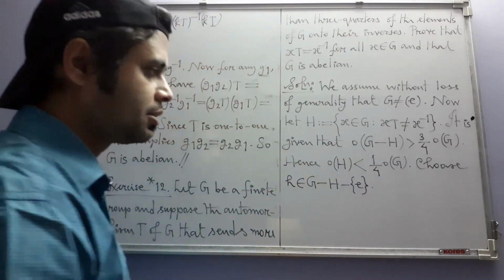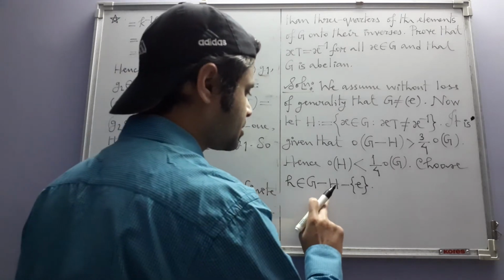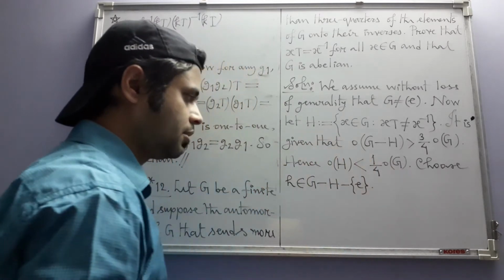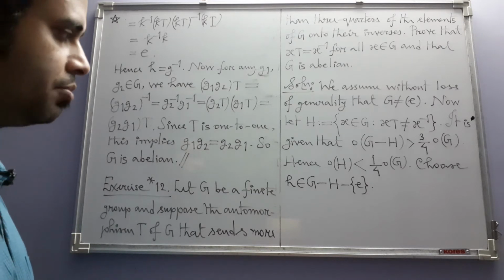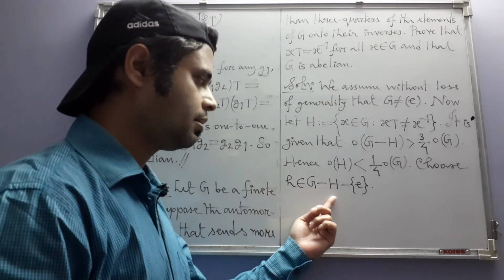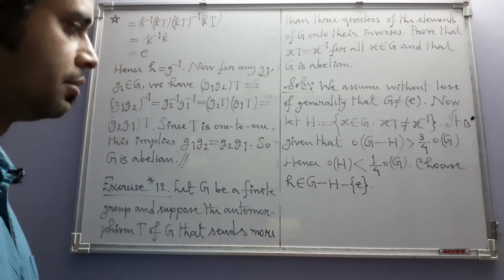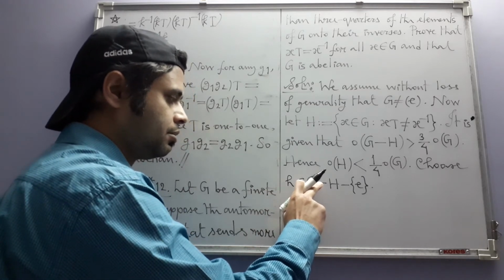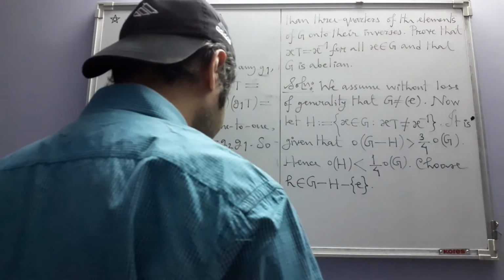That is clearly possible. The question is, is this choice possible? It's clearly possible, because you see order of H is less than 1/4 of the order of G. So whatever the case may be, you can always choose some element in G that is neither in H nor is equal to the identity element. In other words, you can choose an element from G that is different from the identity and is not in H. Okay.